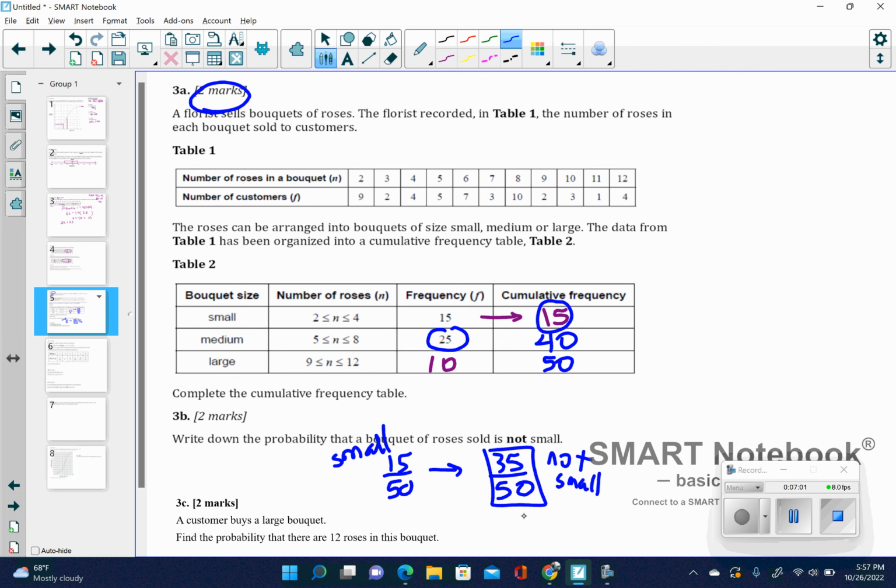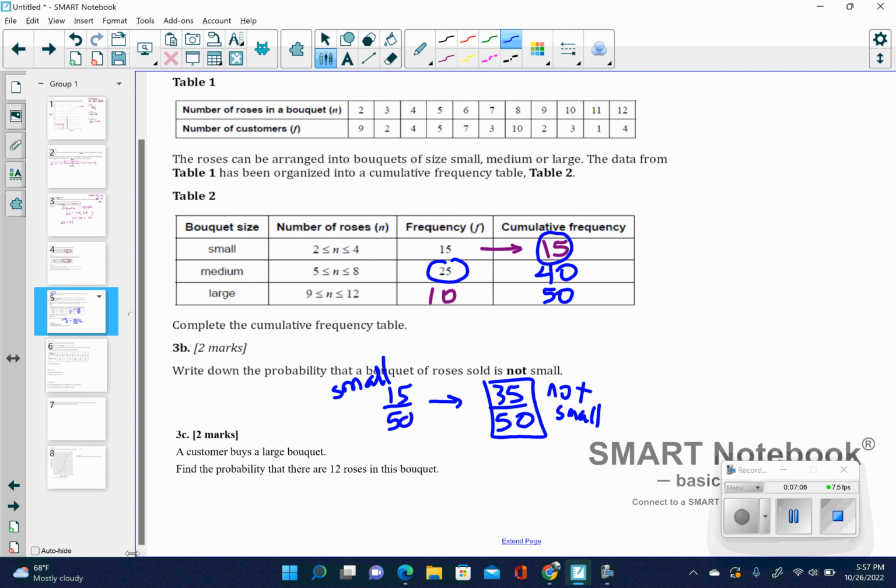All right. For the next one, it says find the probability that there are 12 roses in this bouquet. So the customer buys a large bouquet. So if we take a look at that one, right? How many large bouquets are there? Okay. So there are 10 large bouquets, and how many of them have 12 roses in the bouquet?